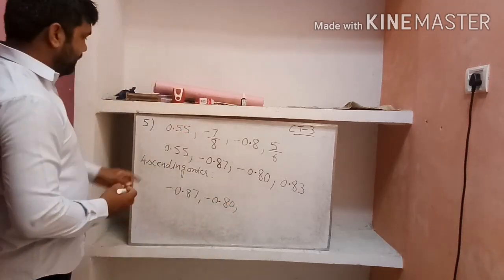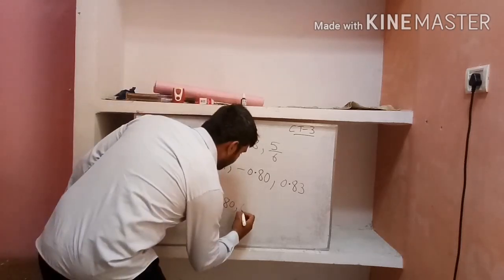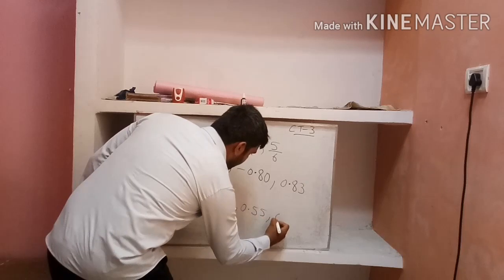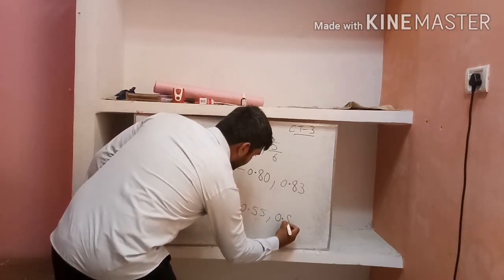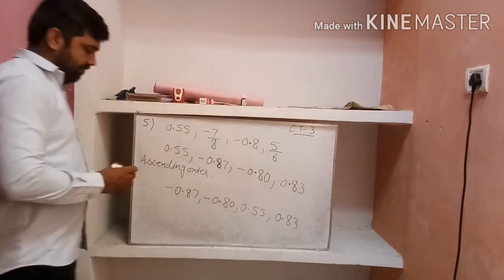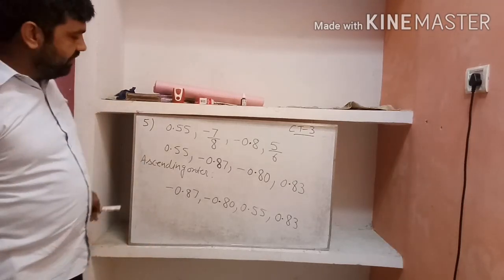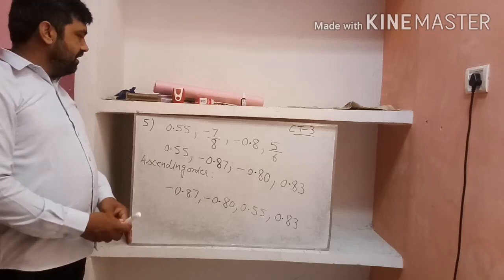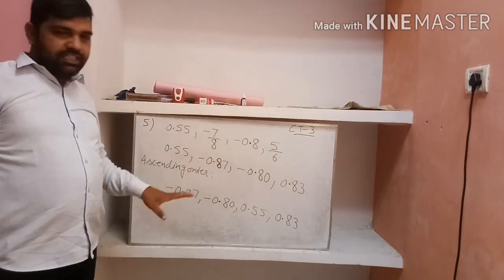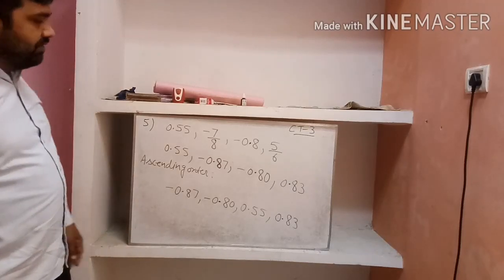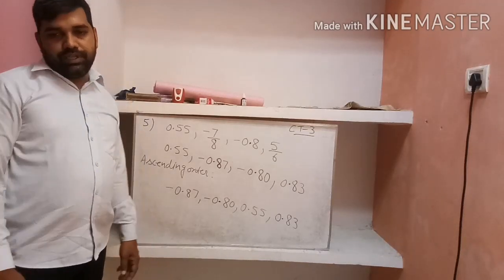And after that, 0.55. And after that, the largest is 0.83. Okay, so this is the ascending order. Like this we do. First we convert the fraction to decimal. Now it will be easy for us to compare which one is the smallest and which one is the largest.